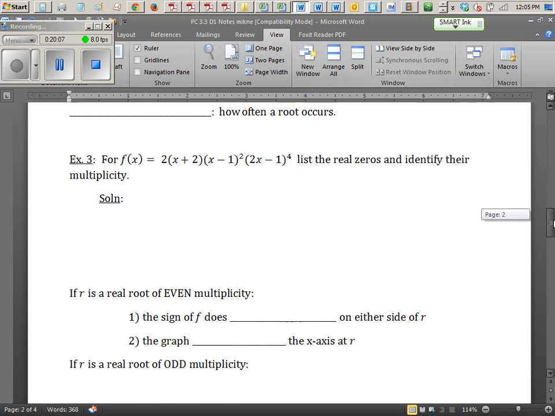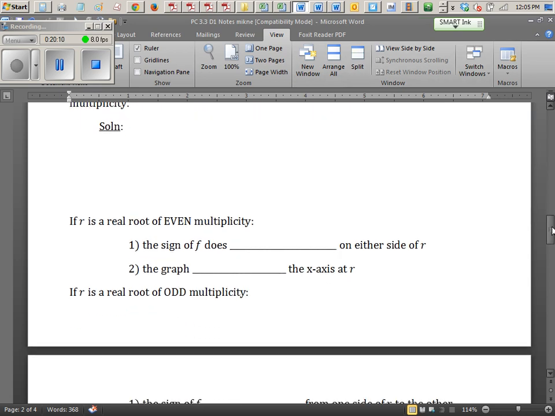All right, let's go down and look at this here. What does it mean to have higher multiplicity? Does that even have meaning? That's a good question. It has a very important meaning. I'd like to show you what it means today. If you are running into a problem where the root has multiplicity 2 or 4 or 6 or 8 or something like that, then that means that the sign of the function does not change on either side of r.